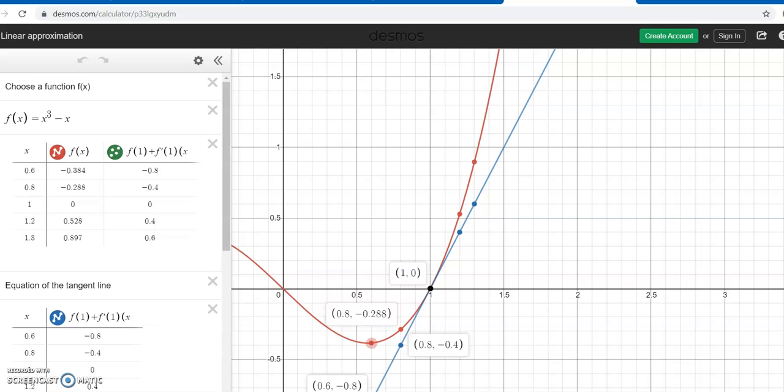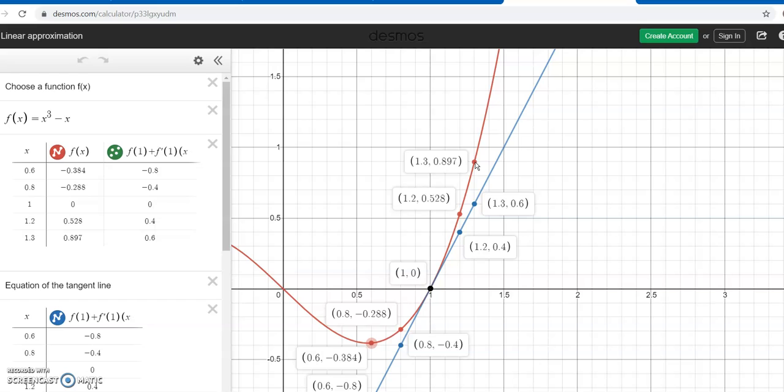If we look at the output here on the tangent line, we have -0.8, and then on the graph we have -0.3.